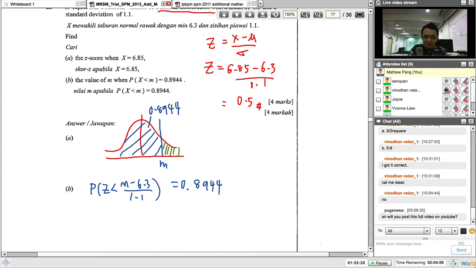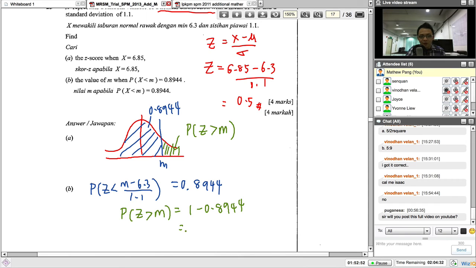The green color zone is the probability that Z is bigger than M. How do we find this? If Z is bigger than M, we can use the 1, because we know the total probability is 1. So it's 1 minus 0.8944.